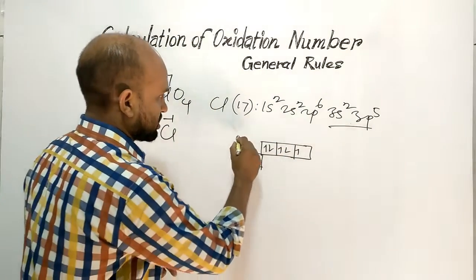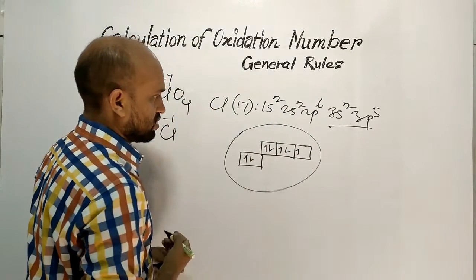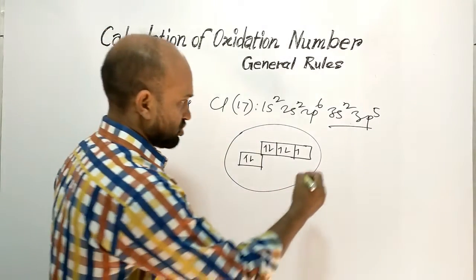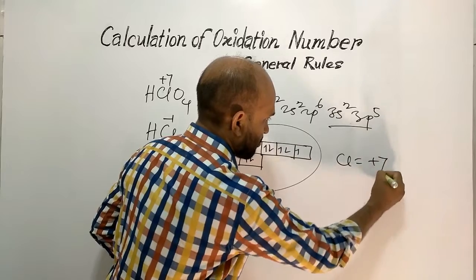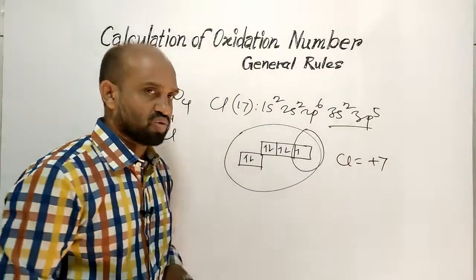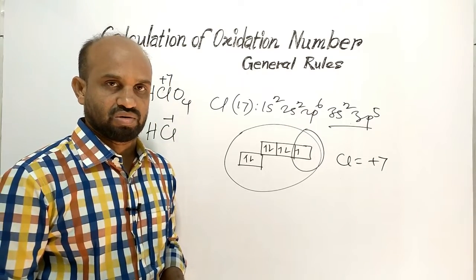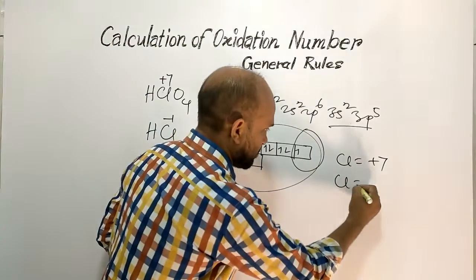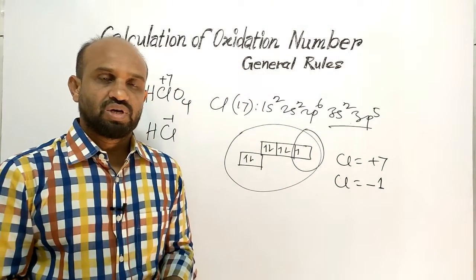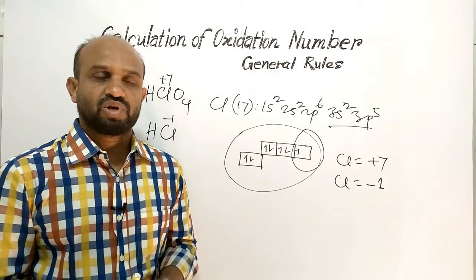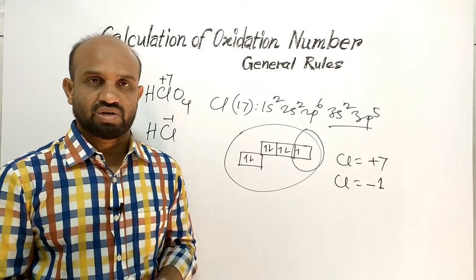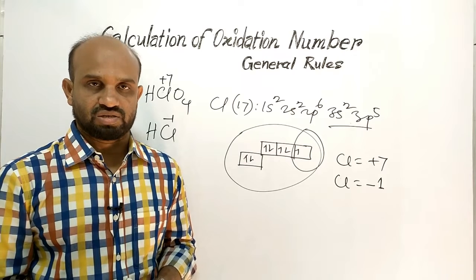So in the outermost shell of chlorine there are a total of 7 electrons. So this is the maximum oxidation number of chlorine, and in the outermost shell there is only one unpaired electron. This is its minimum oxidation state. So this is all about oxidation numbers of p block elements that show variable oxidation numbers or oxidation states.